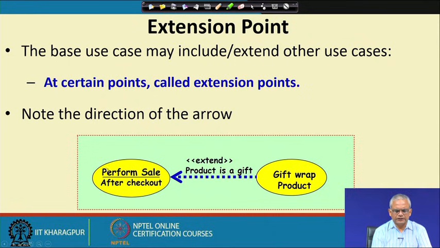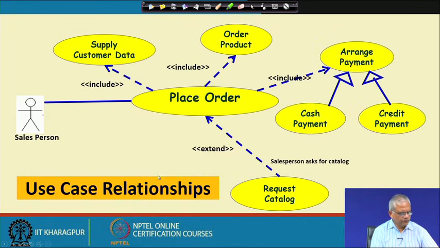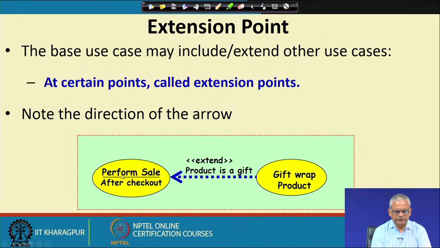So, by this notation we can say that after checkout there will be an option whether to gift wrap the product or not. So, somebody can invoke the gift wrap product after checkout. So, that is what it means.